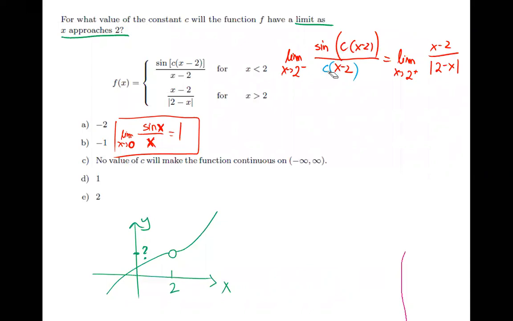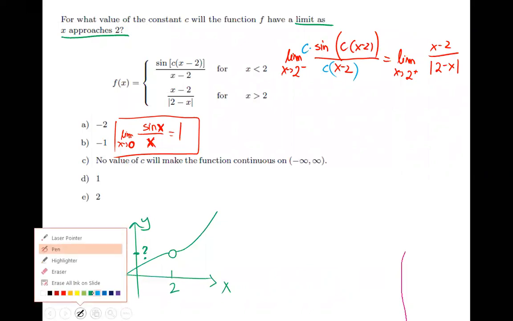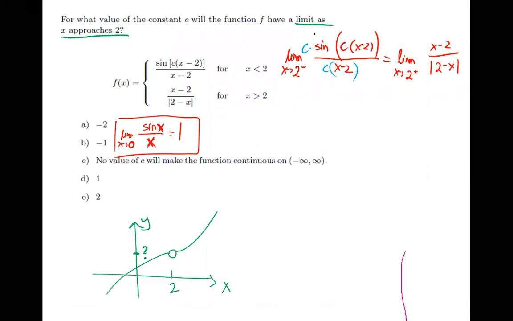But since I multiply the denominator by c, I will also multiply the numerator, because I can't just suddenly add a quantity. Now I can loop this, and I can say this is 1. This is sine of 0 over 0, and is identical 0. As we can see, c times x minus 2, c times x minus 2.